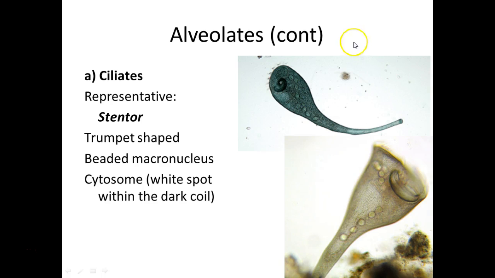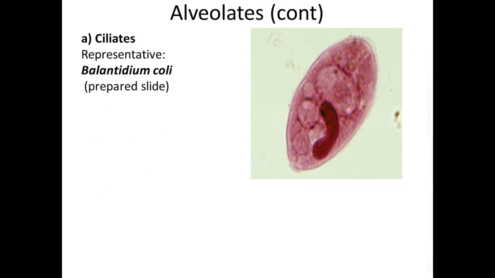The peristome is that little white spot you see here in the dark coil. It's where they take food in. It's like their oral groove. They're naturally blue-green. I think they stain them for these slides too. So these guys are naturally red, and the slides aren't stained, so they are this nice, pretty pinkish red color.